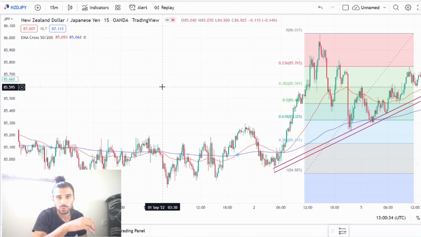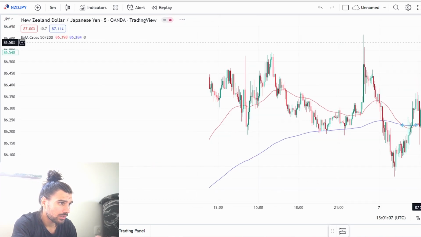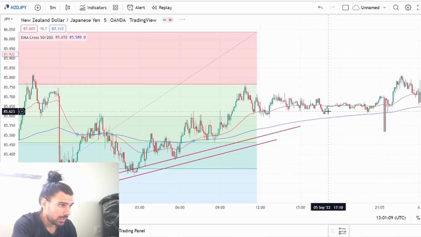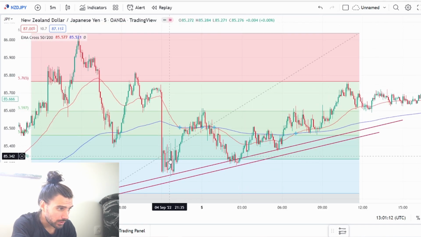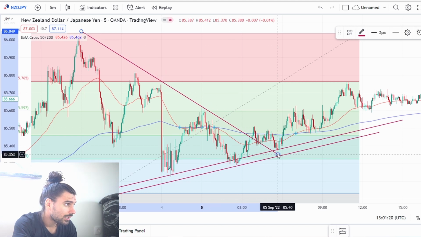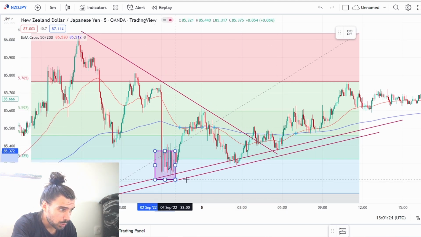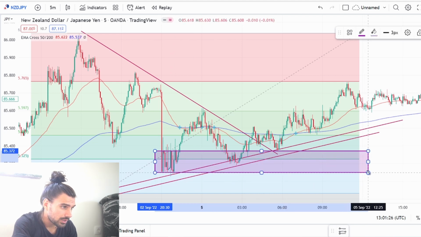And now for the entry we go to an even smaller time frame. So now we switch to the 5-minute chart. And we saw here a couple of green wicks that pushed to the upside. Then the market broke above and came back to retest this area where we had a couple of green bullish candlesticks, but at the same time we had some red ones as well.